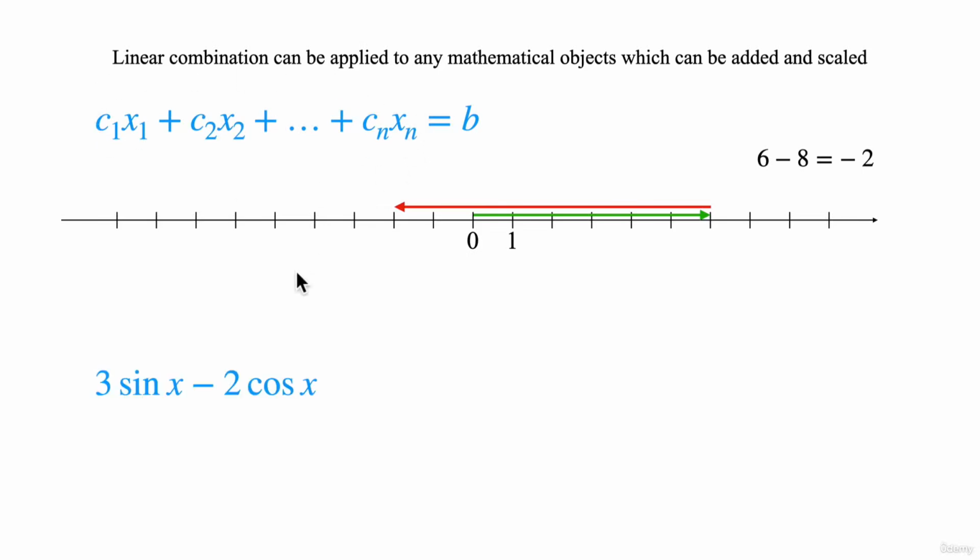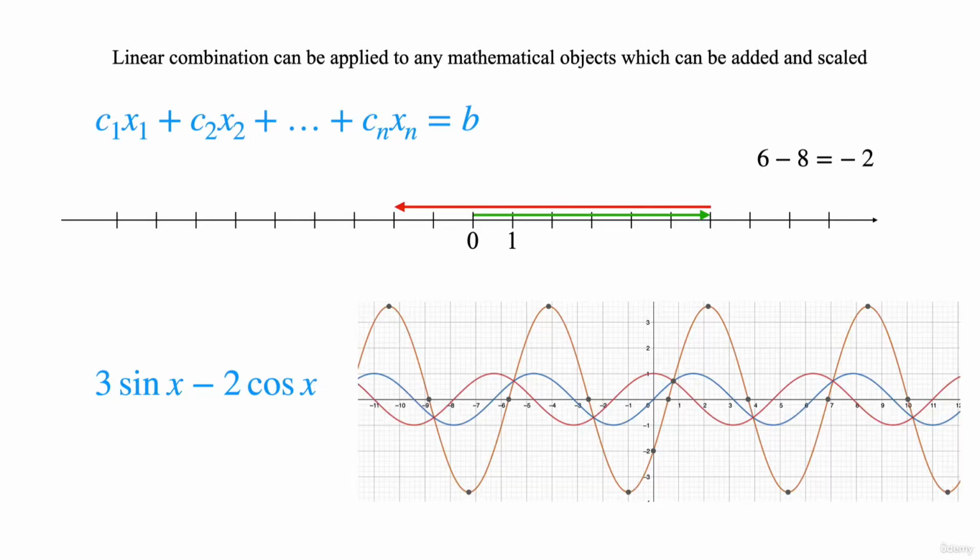You can also have linear combinations of functions. So you see here we have the functions sine x and cosine x, and we have scalars 3 and minus 2. So this new function is a linear combination of our two old functions, sine and cosine. And you can see it on the graph. This red one is the curve corresponding to the cosine function, and this blue one is the sine function.